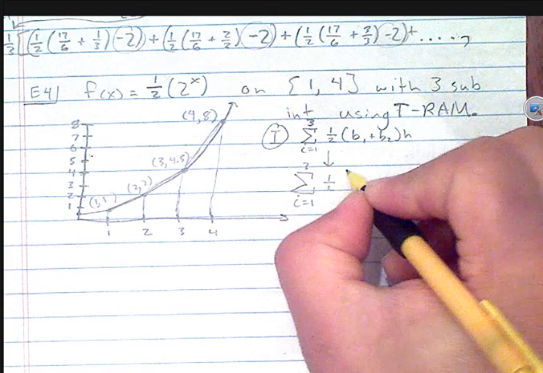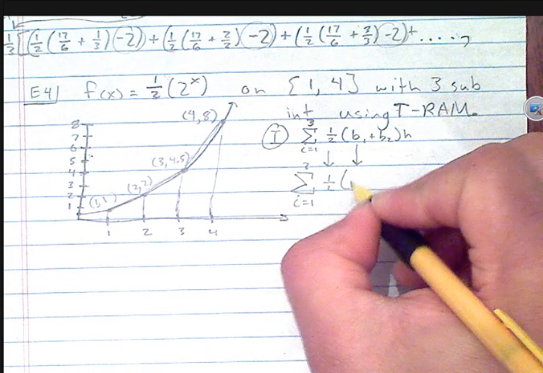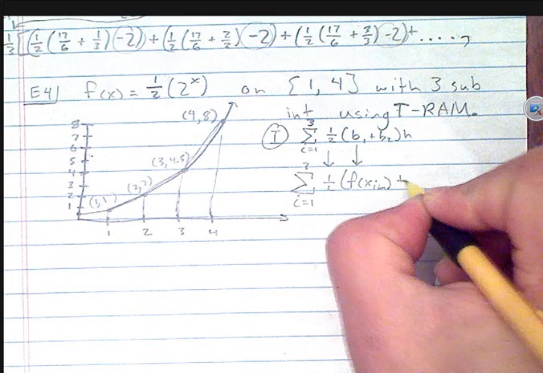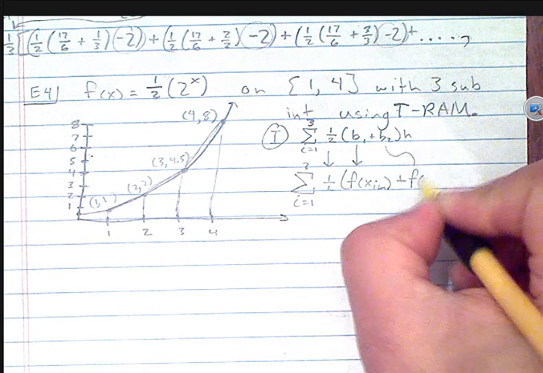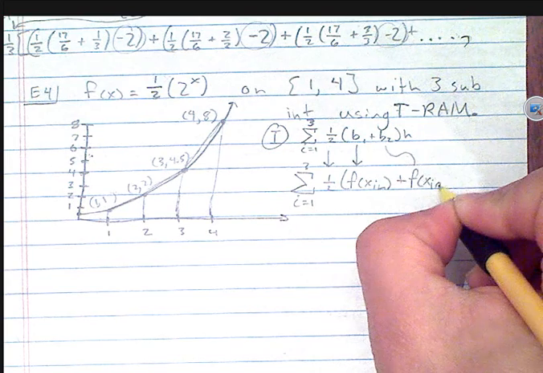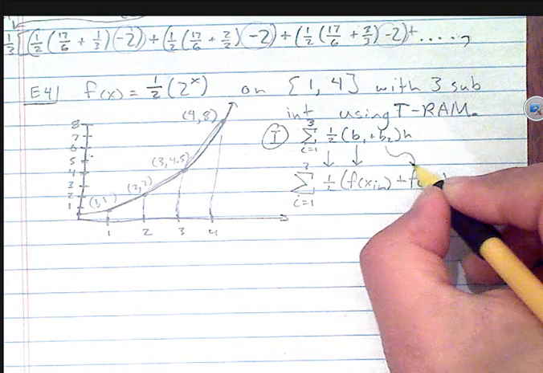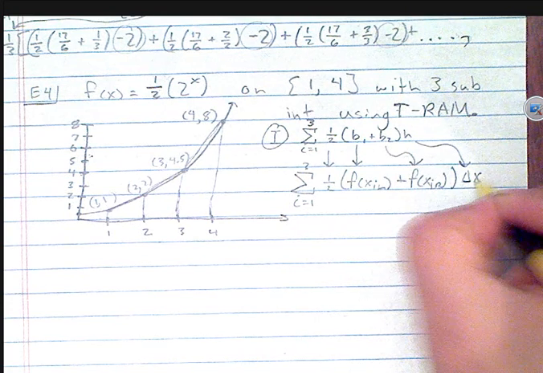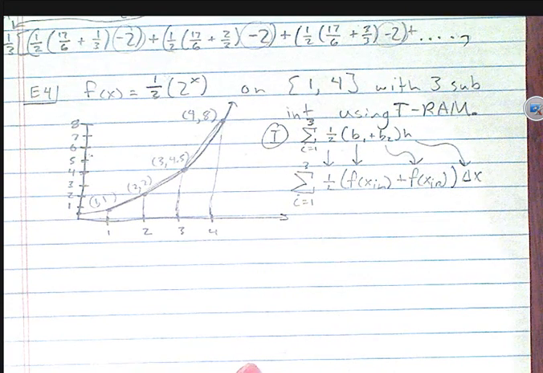Base 1 is actually the f of x of IL. Base 2 is actually the f of x of IR. And the height is delta x. That's from your notes. Alright, so there you go.